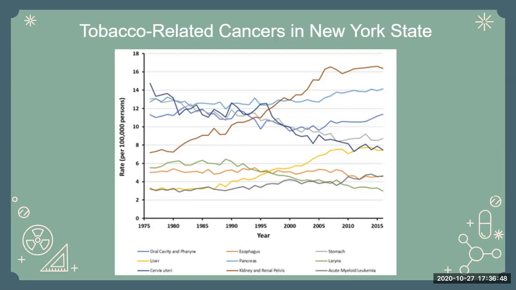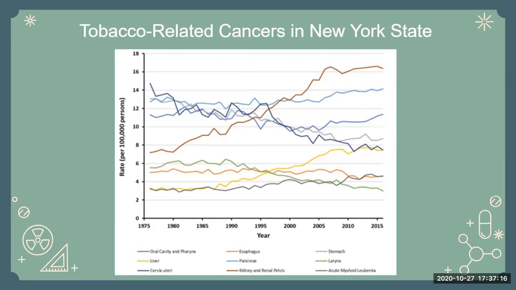Esophagus is pink. Pancreas is a baby blue. Kidney and renal pelvis cancers is red. Stomach cancer is gray. The larynx is green, and acute myeloid leukemia is a dark grayish blue.